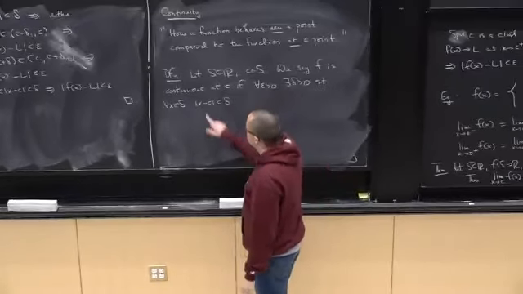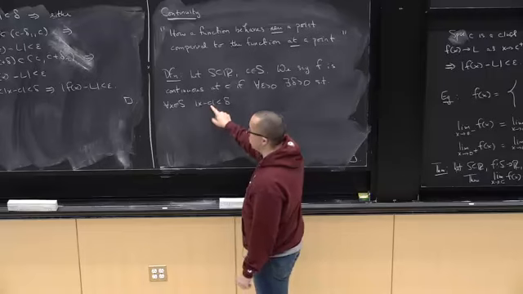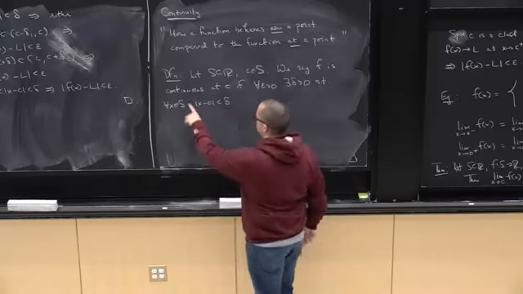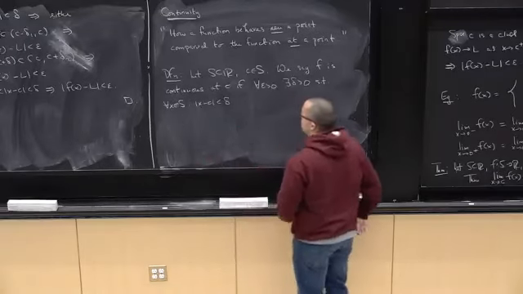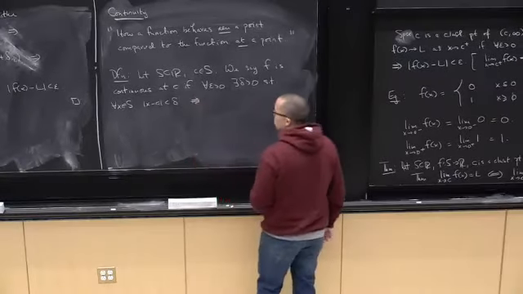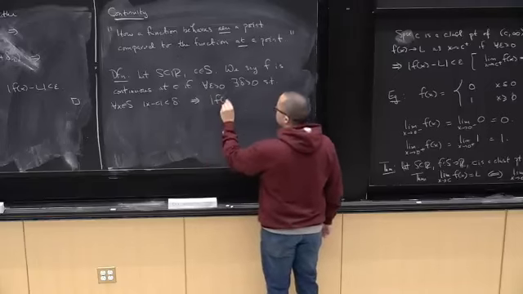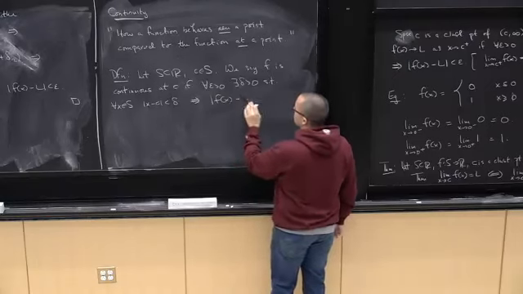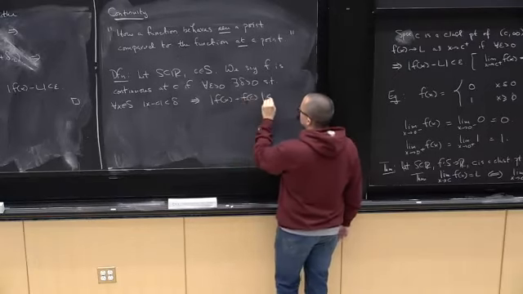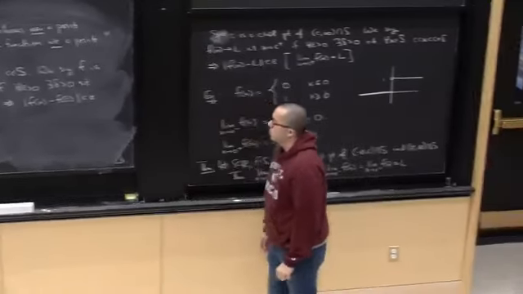So in particular, x equals c will satisfy this inequality. I don't have the 0 less than that. So for all x in S which are close to c within delta, I have that f of x will be within epsilon of f of c. Okay?